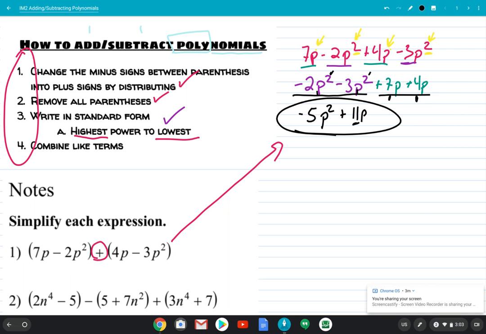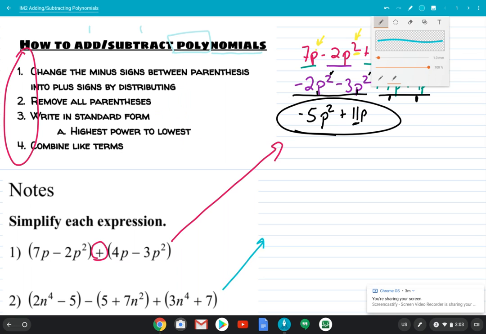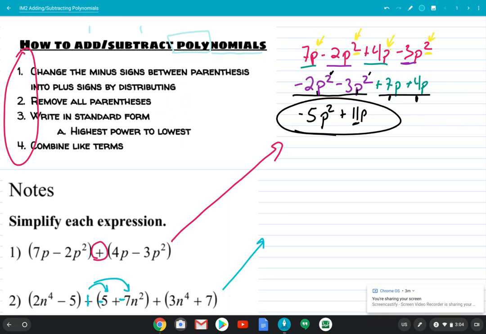Let's try another one. And we'll erase our check marks. Change the minus signs into plus signs. Well, this one right here, that's a minus sign, turning into a plus, but I have to distribute the negative inside this parentheses. So now it's a plus here, and there's a plus here.